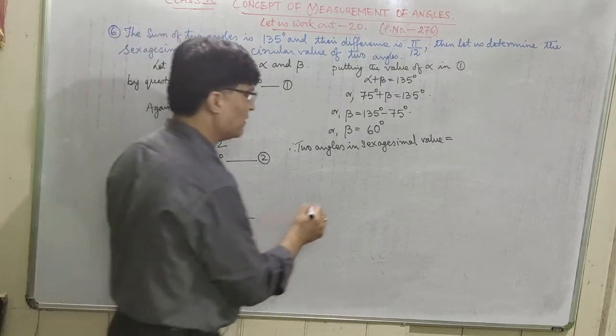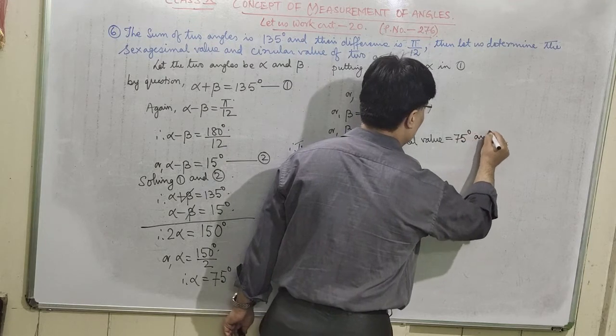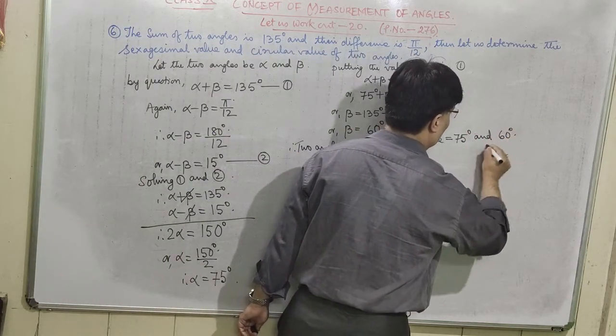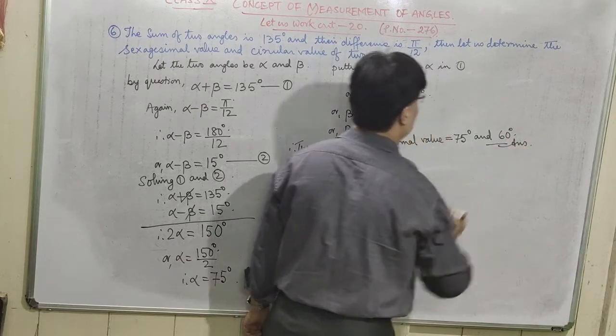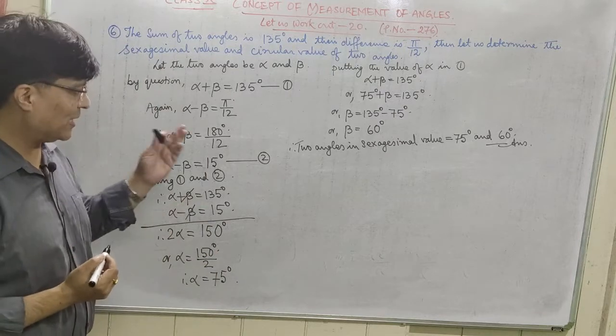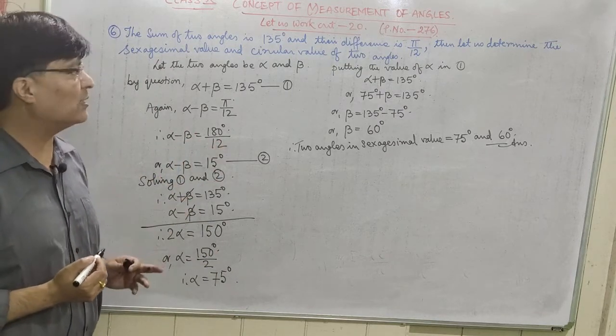So one is 75 degree, and the other one is 60 degrees. So these are the answer for the first part. So we have calculated two angles in sexagesimal value, that is 75 degree and 60 degree.